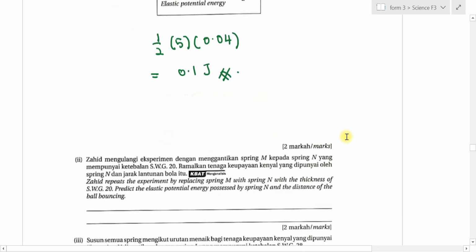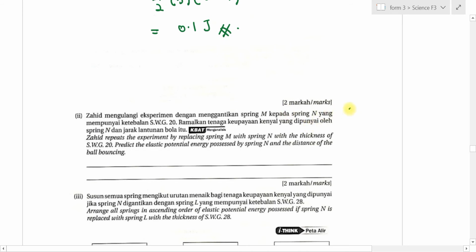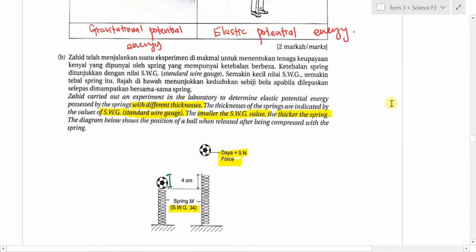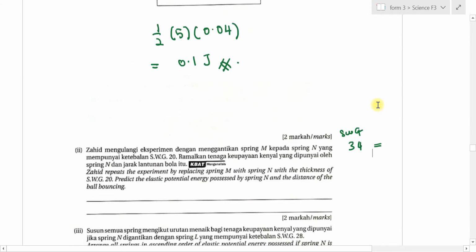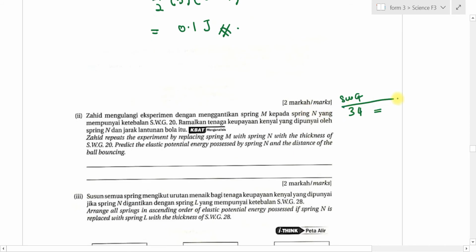Let's see here. If I use 34 SWG, the extension was 4 centimeter, and the force was 5 Newton. So let us do a small data first.